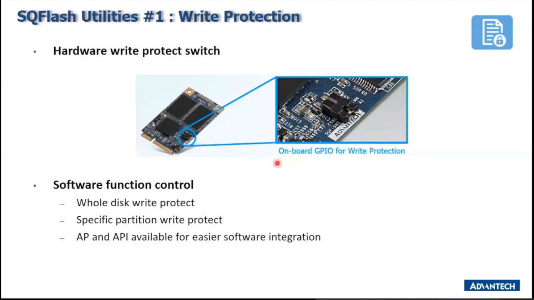So for SSDs with a hardware limitation, that means SSDs without this jumper or the GPIO, a software method for write protection was also developed by our software team in our headquarters. You can then perform write protection through the SQFlash software utility as well.